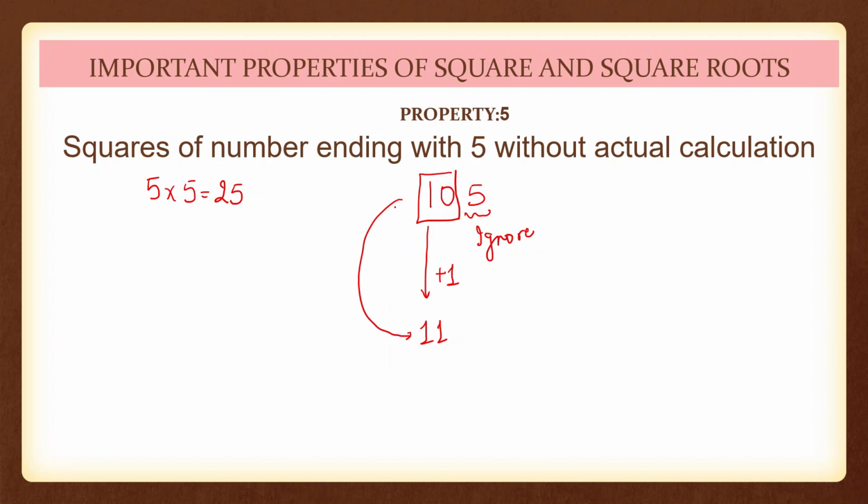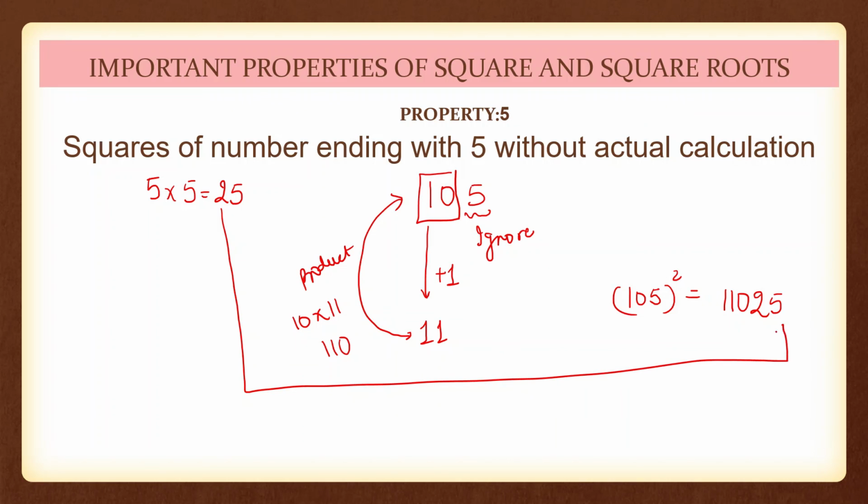Find the product of these two, that is 10 into 11, 110. Hence 105 square is 110, which is the product of 10 and 11, and merge 25 at the end.